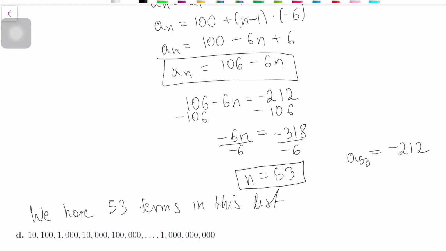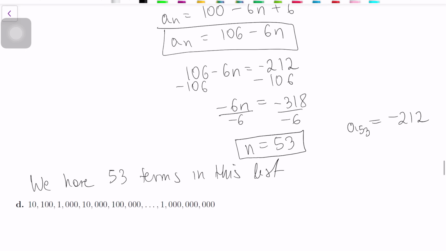And here we actually had this geometric sequence again. This is one term, so those parentheses are confusing. Let me separate terms of the sequence by this purple comma. So we have 10, 100, 1,000, 10,000, and so on. So we figured out that this is 10 to the power 1, 10 to the power 2, 10 to the power 3, 10 to the power 4.